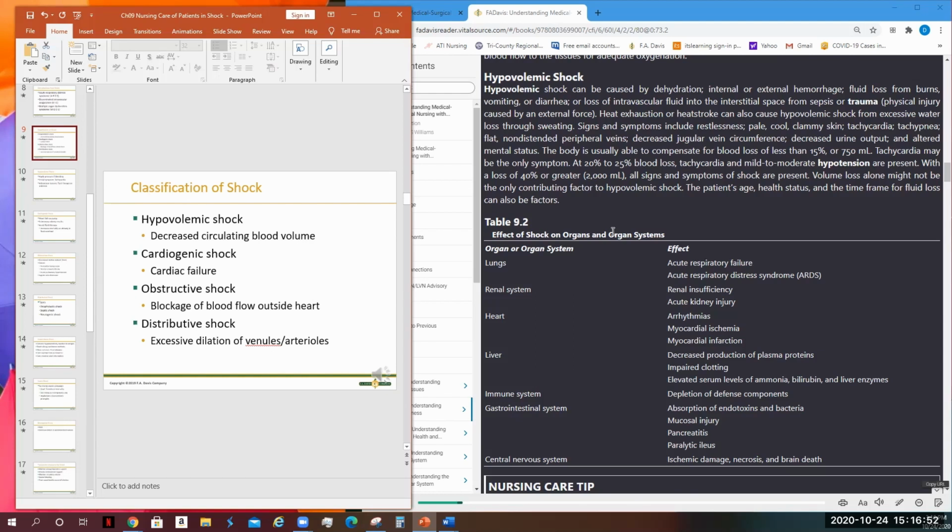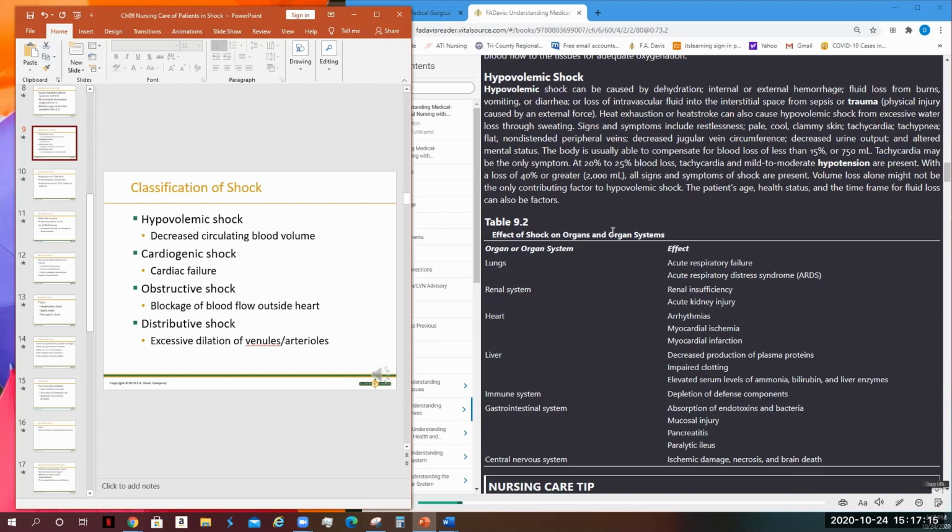The body is usually able to compensate for blood loss of less than 15% or 750 milliliters. Tachycardia may be the only symptom. At 20 to 25% of blood loss, tachycardia and mild to moderate hypotension are present.